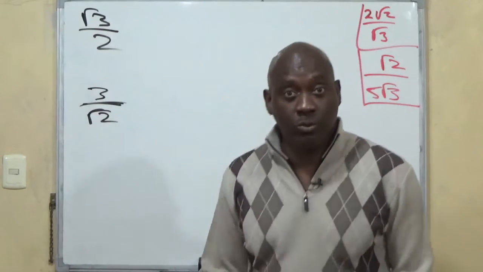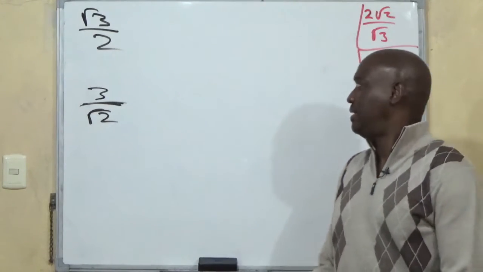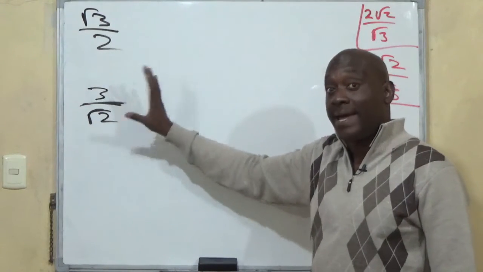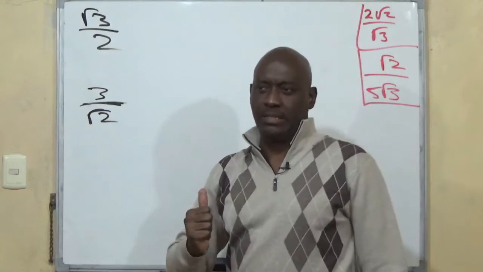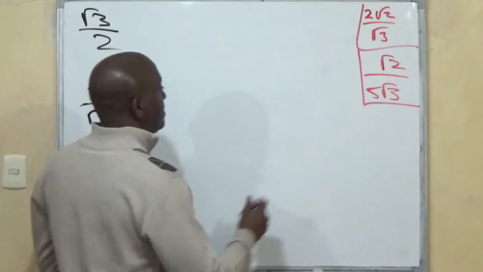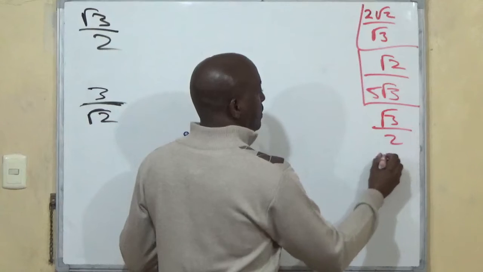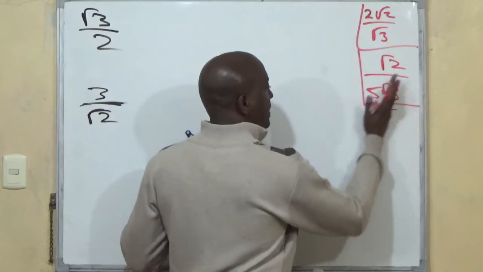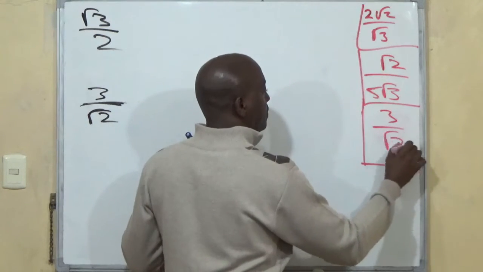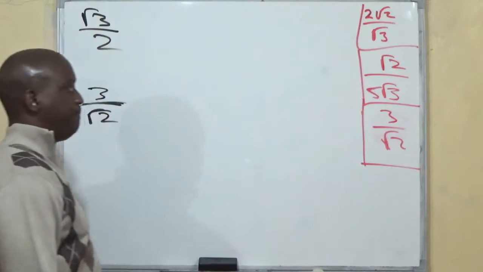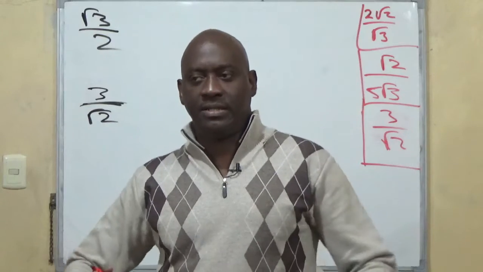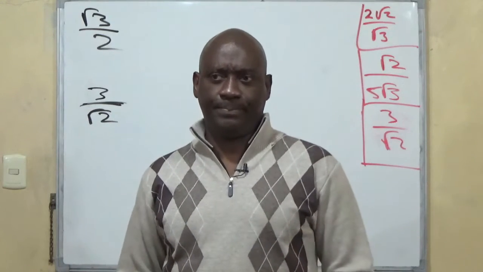In other words, there's nothing else you could do there. You can't simplify this, except for a particular process that we apply to surds, a process which we will discuss in the next video. That will apply here, 3 over root 2. There's a particular process that we use when we're dealing with surds where we have a numerator and a denominator.